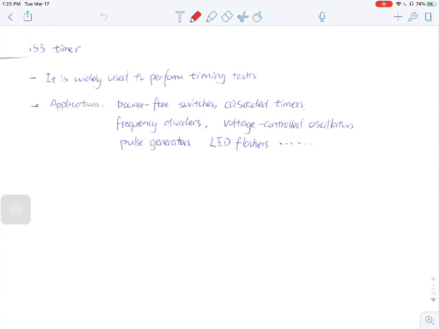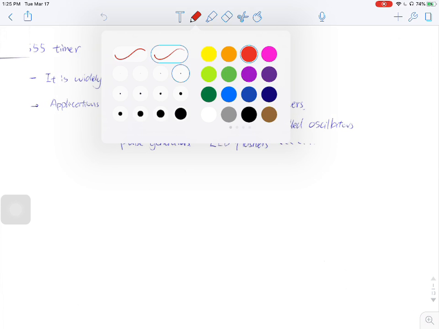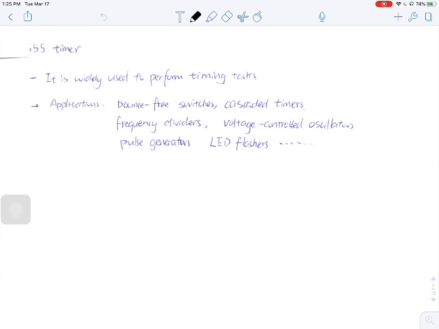So you probably already heard of the 555 timer. It's a widely used component to perform time tasks. What do I mean by time tasks? Anything that relates to time.